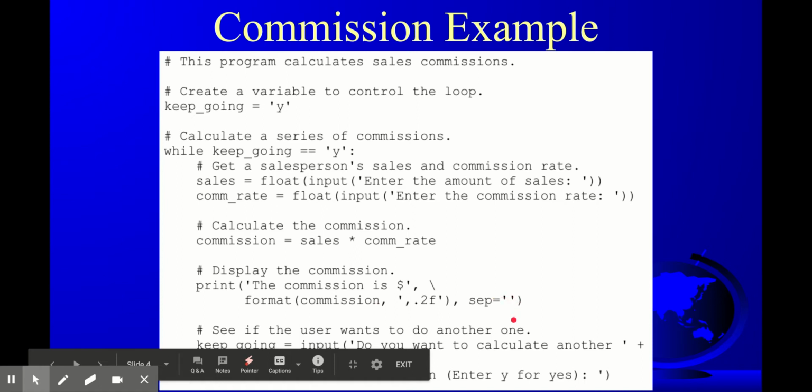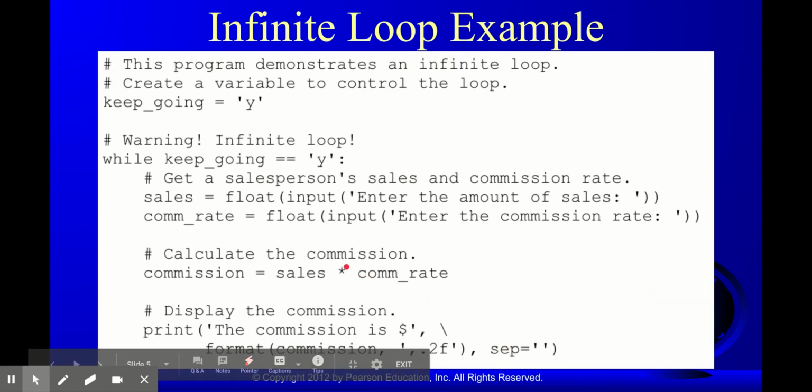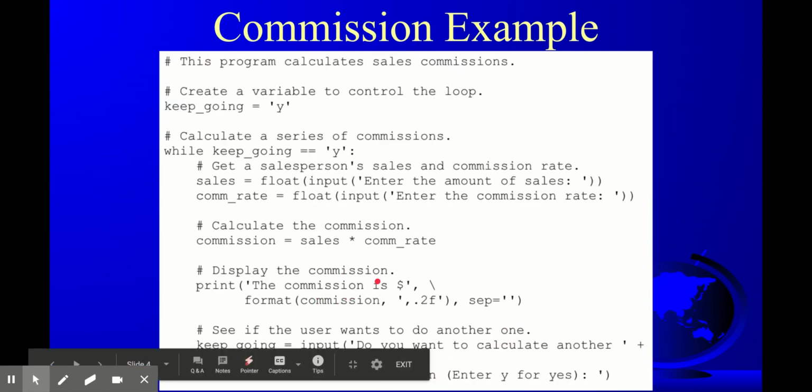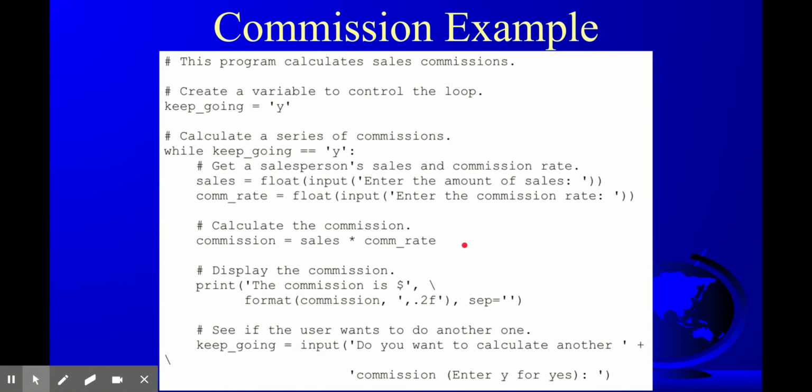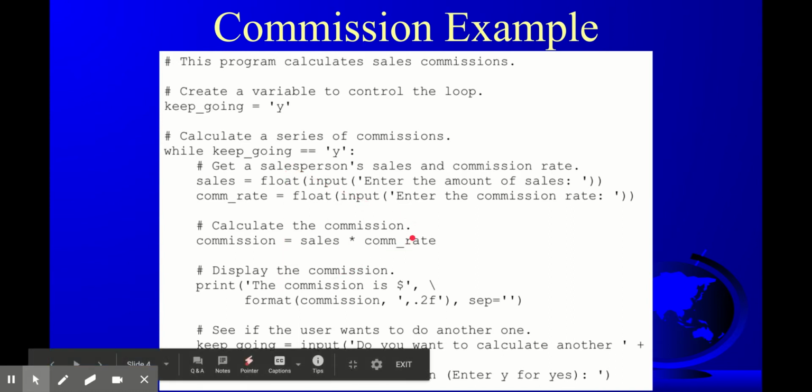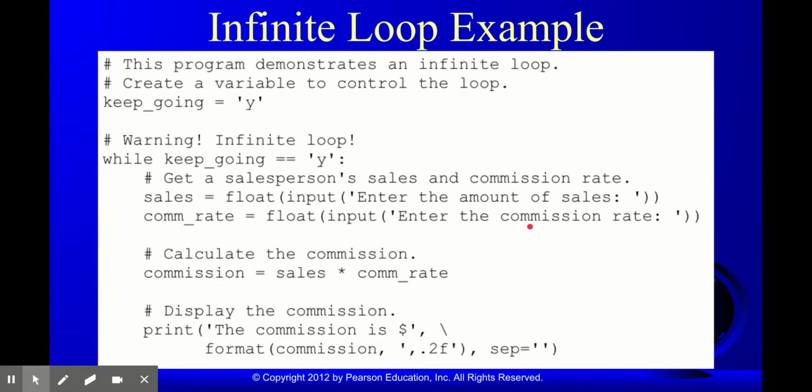Then it asks for a user input: do you want to continue or do you not want to continue? If you enter yes, it will go back through this loop. If you don't, it will exit the loop.